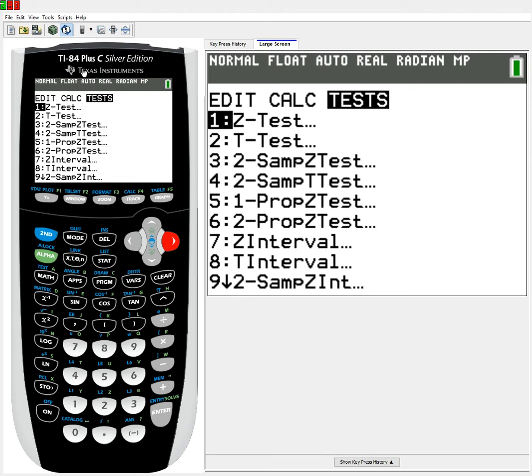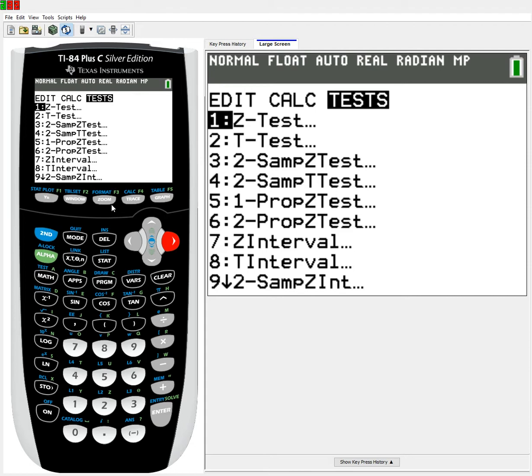Now, we're not going to use all of these for tests, but we did use quite a few of them for intervals. And if you notice, interval is near the bottom half. The first half should comprise the tests that we need. Now, in this tutorial, what I'm going to be talking about is how to do a one proportion test and how to do a one mean test. So just how to deal with hypothesis testing when I'm trying to analyze one parameter of interest.